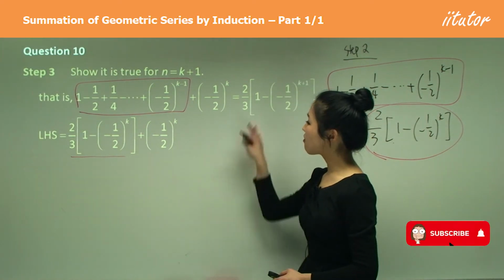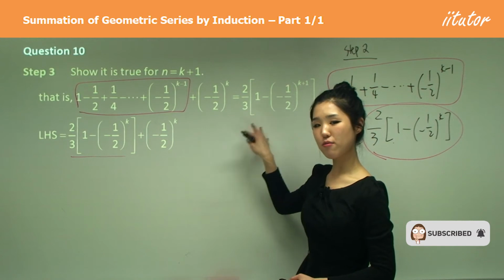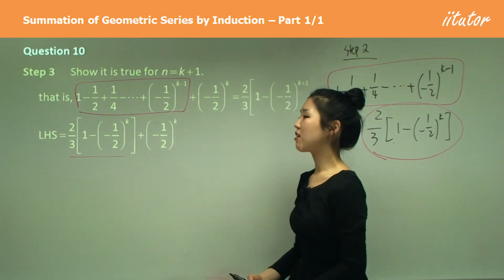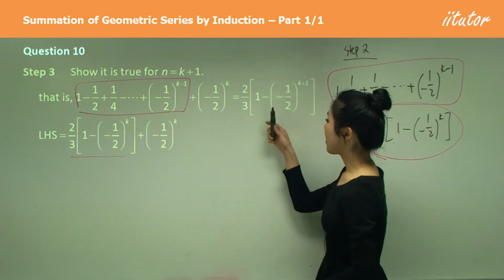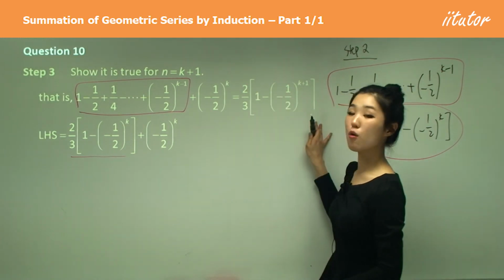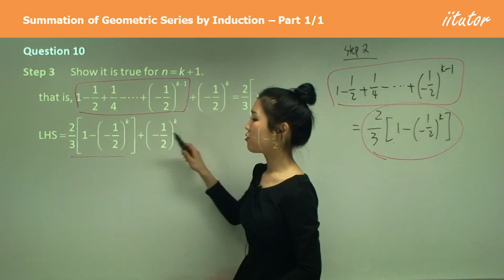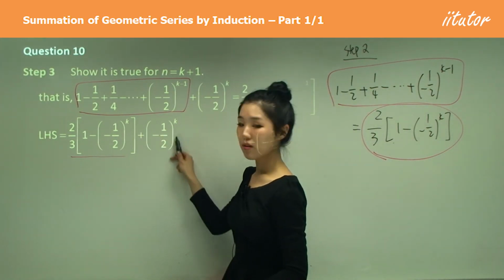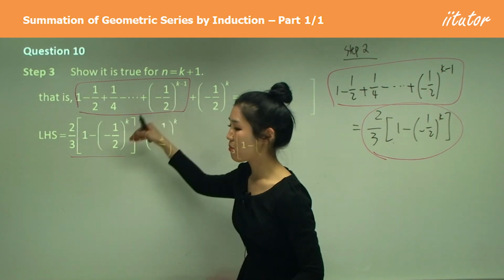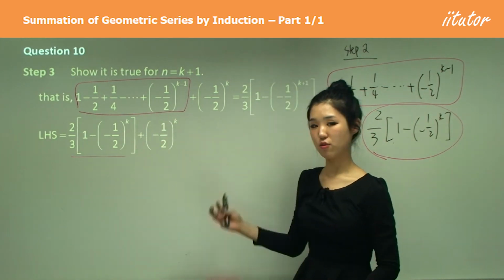And have a look at our right-hand side. I'm always trying to compare with the right-hand side, because eventually our goal is to make it the same as the right-hand side, isn't it? You can see that the right-hand side has 2 over 3 outside the whole thing. So I'm going to try to have 2 over 3 outside the whole thing. But if I want to put that into the brackets, I've got to factor out 2 on 3.